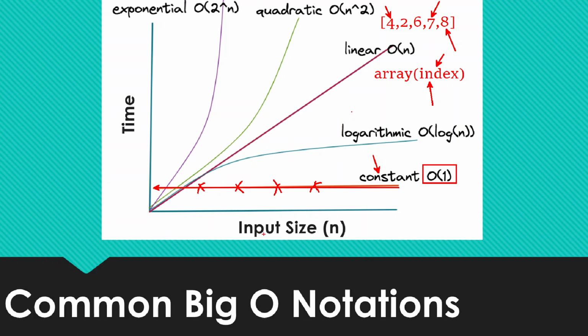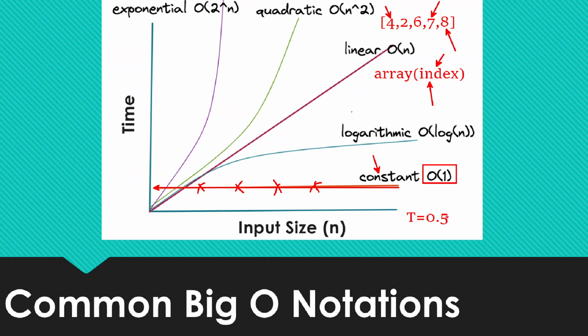Really, what this means is that the time, because the y-axis is time, the time it takes to read a single value in an array, let's say, for example, it took 0.5 seconds. In all the instances, it took 0.5, 0.6 or something.